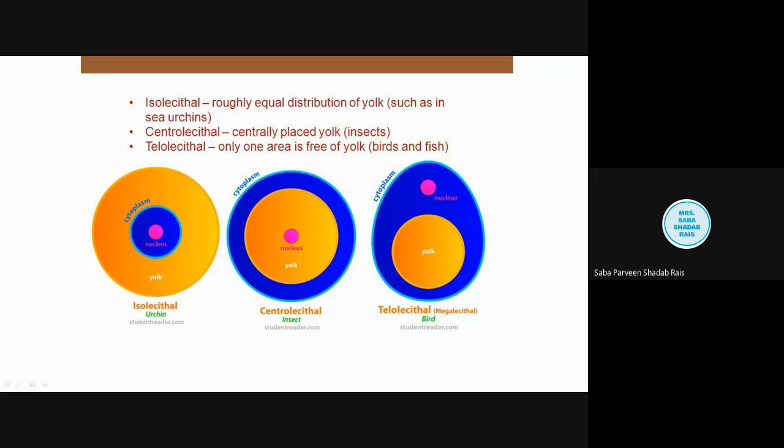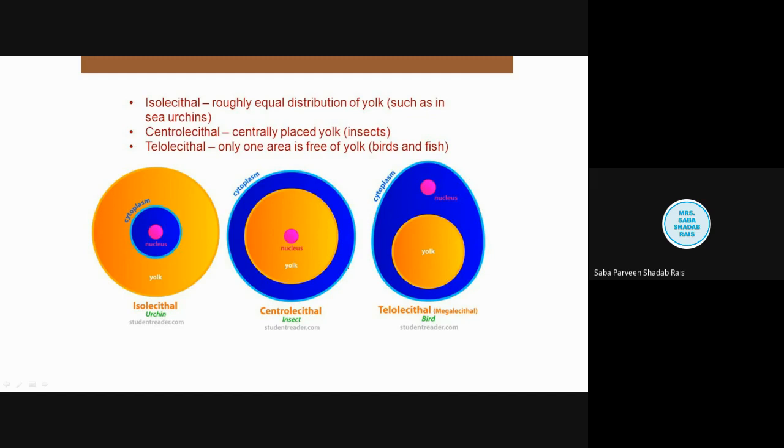When we talk about the microlecithal egg, it will have a very small quantity of yolk, and this yolk will be evenly distributed. While when we talk about the macrolecithal egg, macro means large quantity, polylecithal, the yolk may be pushed to one end, or it may be centrally located. So depending on the distribution of egg yolk, the eggs are classified as isolecithal, telolecithal, and centrolecithal.